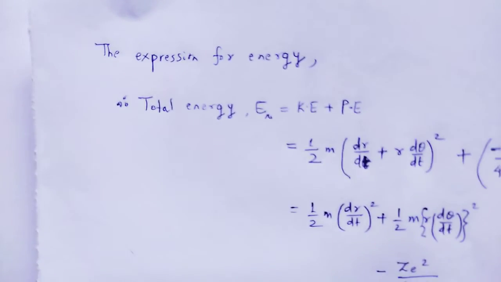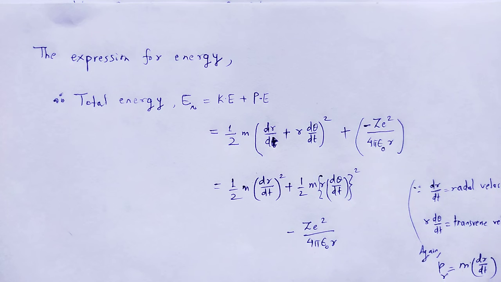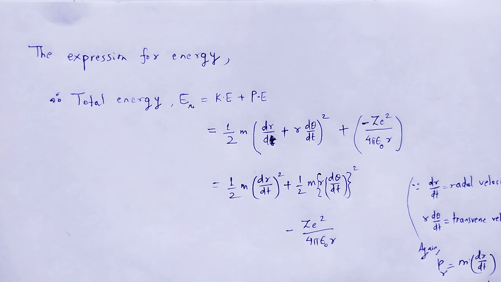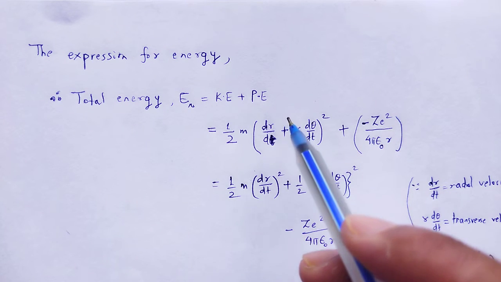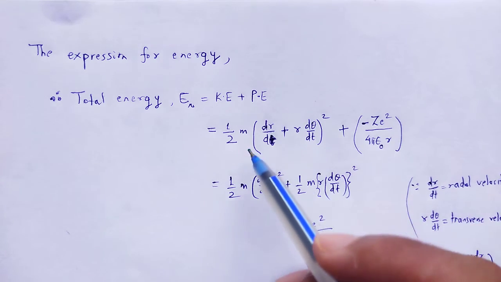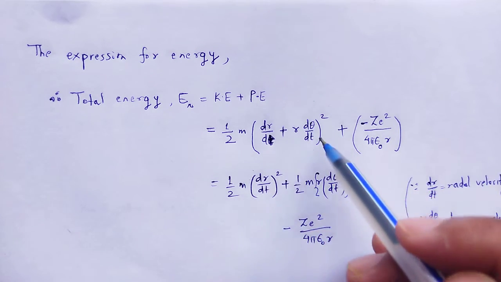Now, the expression for energy when the electron is revolving in an elliptical orbit as proposed by Sommerfeld. The electron acquires some energy, the total energy due to its kinetic energy plus potential energy. The kinetic energy is given by half m times the square of the velocity.